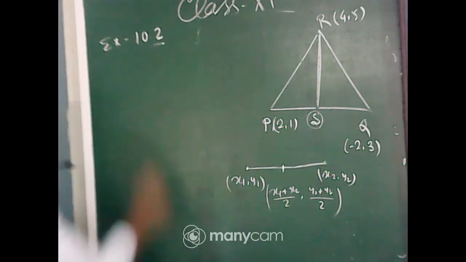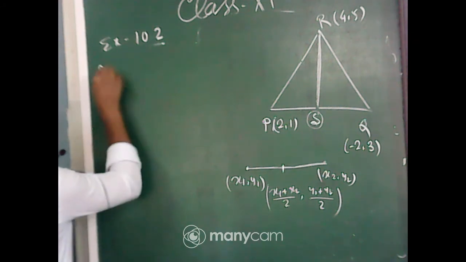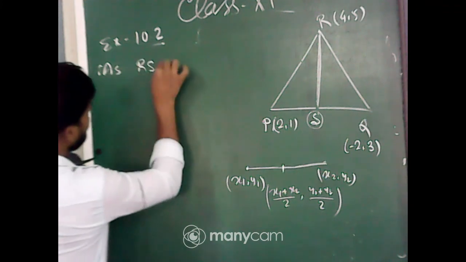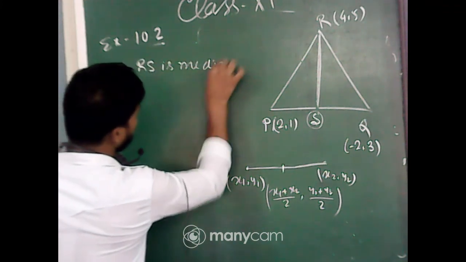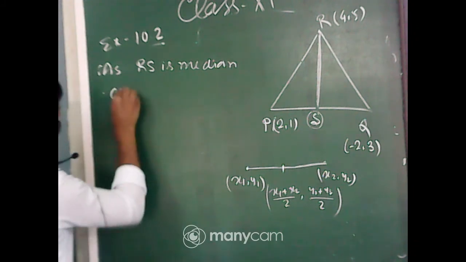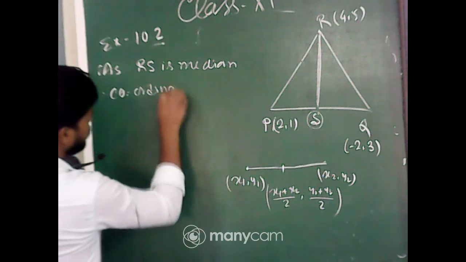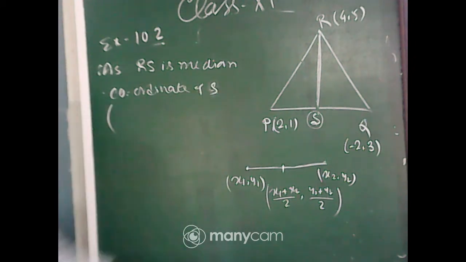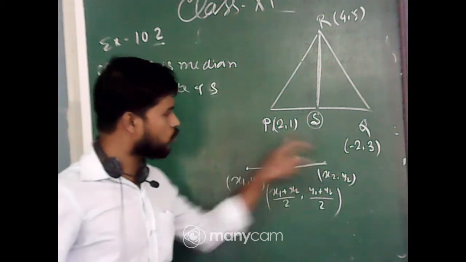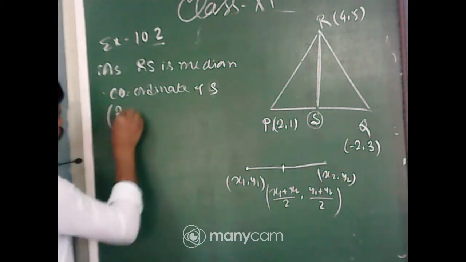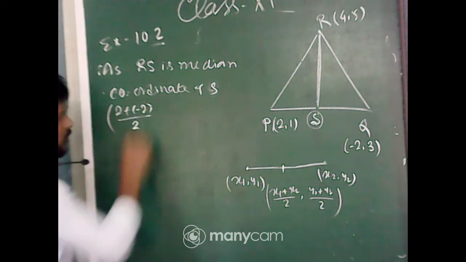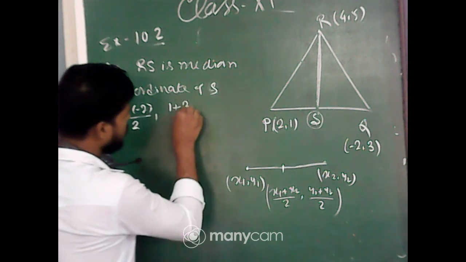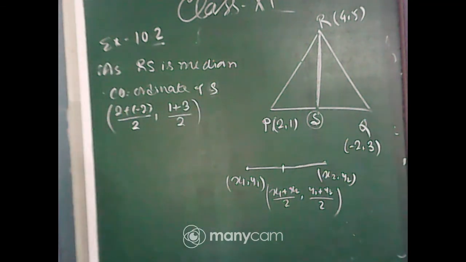Here, as RS is the median, the coordinate of S will be: the sum of the abscissas, 2 plus (minus 2), divided by 2, comma the sum of the ordinates, 1 plus 3, divided by 2. Now do the calculation.